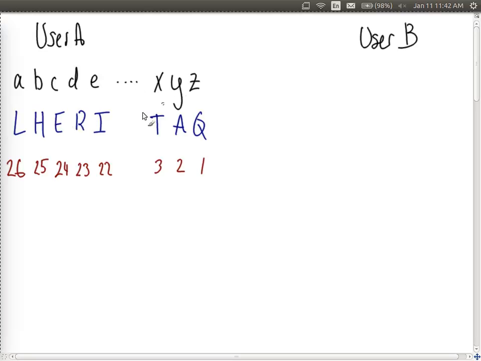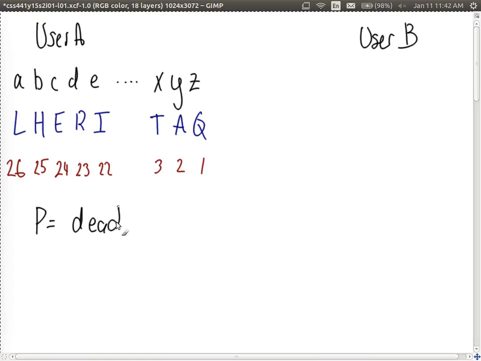And since I don't have all 26, let's say the plain text was the word dead.